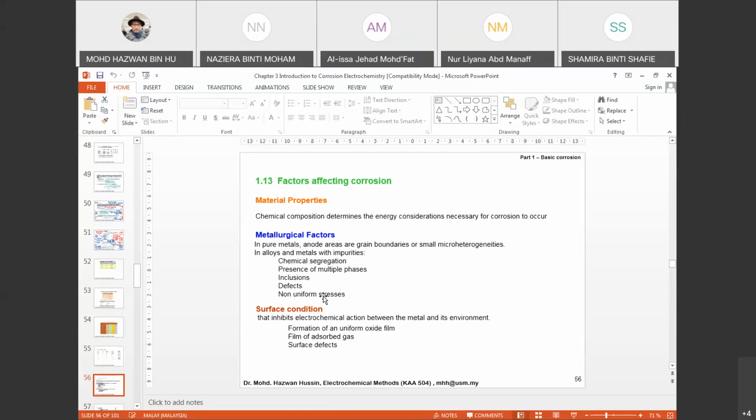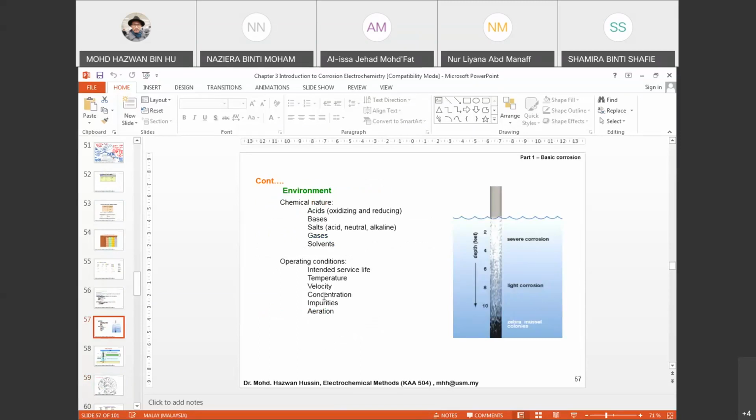If you have a passive layer, then this can create a barrier to separate the metals from the electrolyte or environment. Another thing will be the film that is formed due to gas absorbed, and another thing is also due to the surface effect.